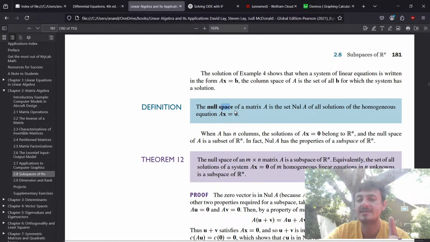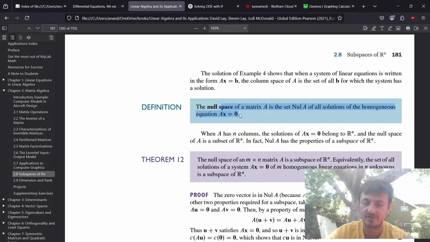All right, the null space. This is a cool definition. I actually like this definition. The null space of a matrix is basically the set of vectors x such that Ax equals 0. Now we know that if the columns of A are linearly independent, then the null space is just the 0 vector.